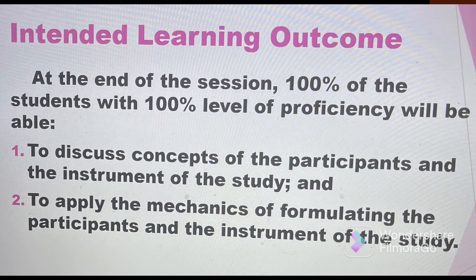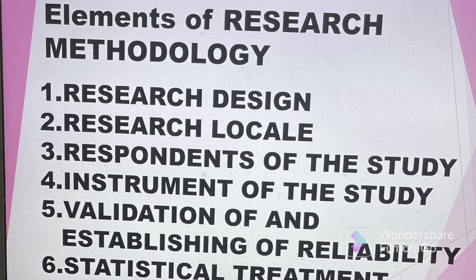Most often, in most universities, as well as in different research organizations, they have this major chapter or major division of the thesis or dissertation, which is called the research methodology. Research methodology is found in different universities and colleges.